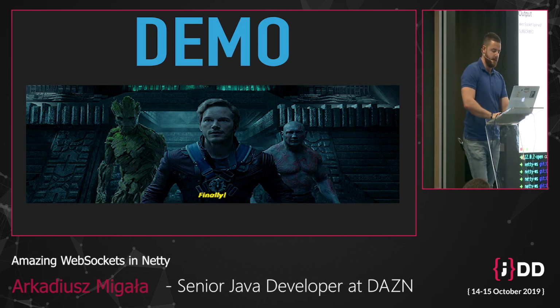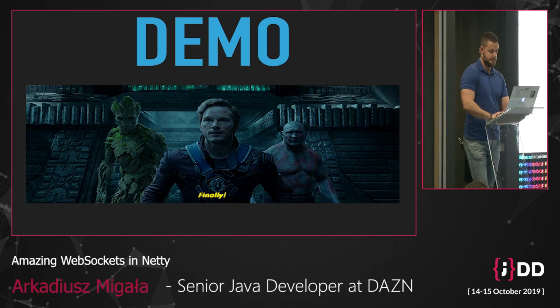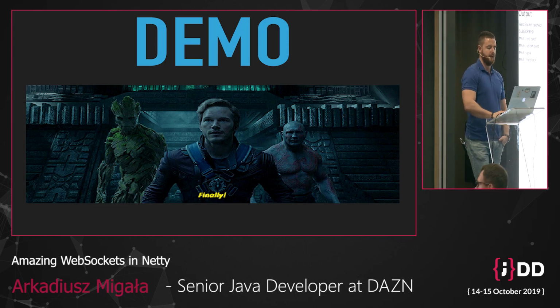And now we will simulate our match, and we can do it. We can do it more continuously, so I will run watch here. Okay. So now we are simulating match events, and as you can see, the clients are receiving the different events.